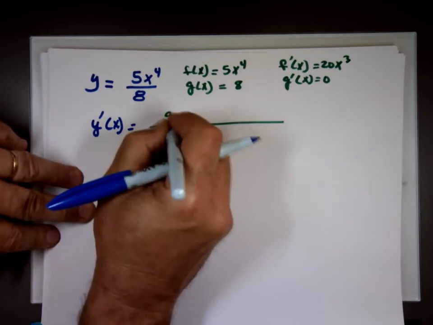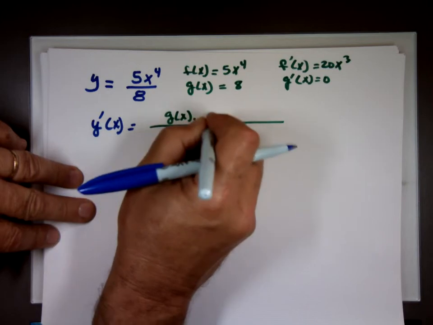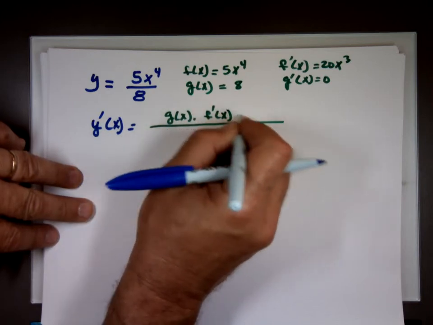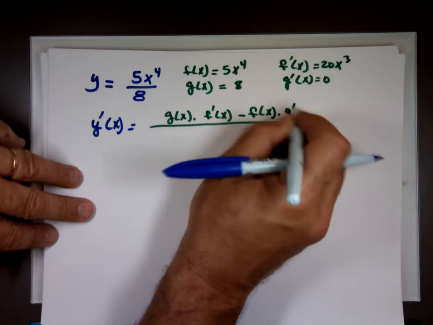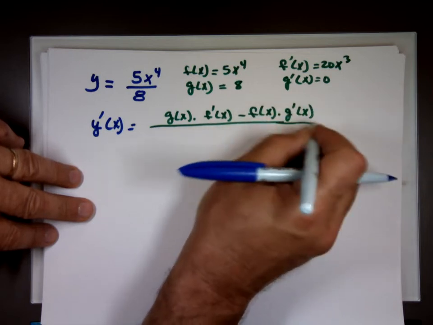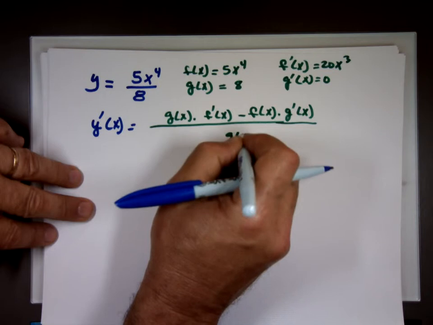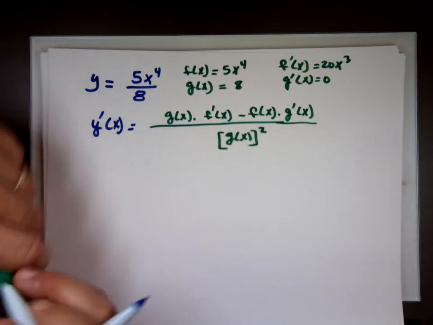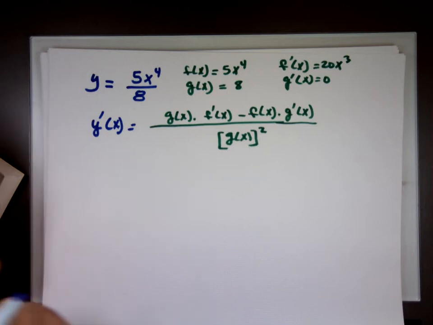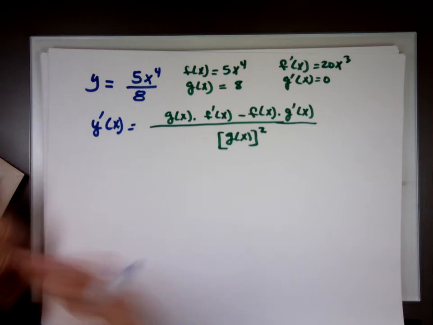Because the equation says g times f prime of x minus f of x times g prime of x, divided by, not the derivative, divided by g of x squared. That's the rule. Plug in the values.